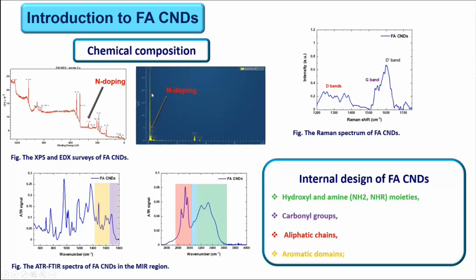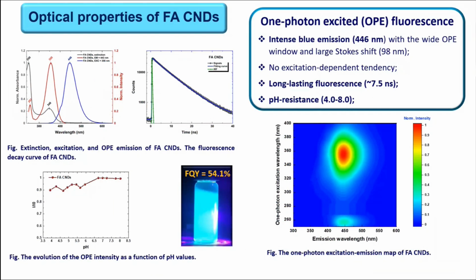nitrogen doping and various bands responsible for the presence of various atoms. And in the internal design, we have the hydroxyl and amine moieties, the carbonyl groups, aliphatic chains, and some also aromatic domains. Those folic acid-based nanoparticles also show excellent luminescent properties.